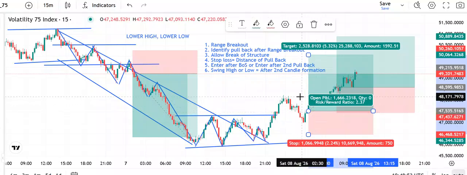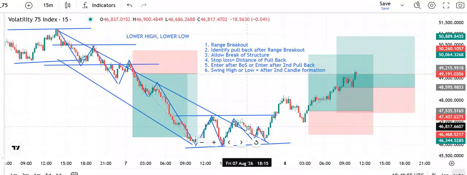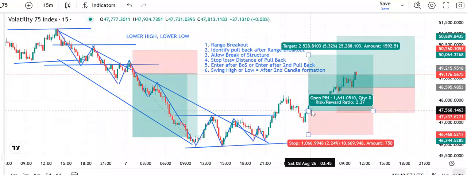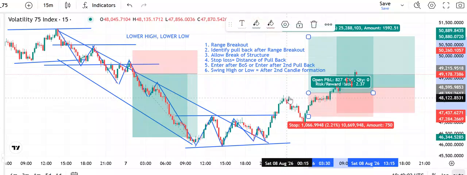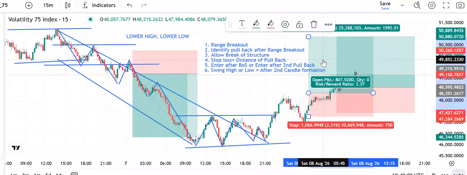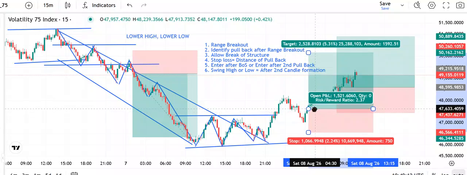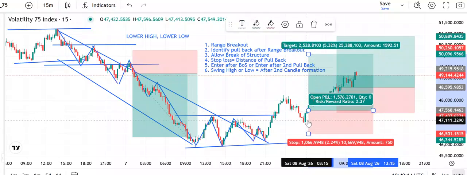I could have entered here. Or I could have entered after the break of structure. When you are certain that price is trending, you can enter here. Or you can just enter here, hoping that price will continue upward.